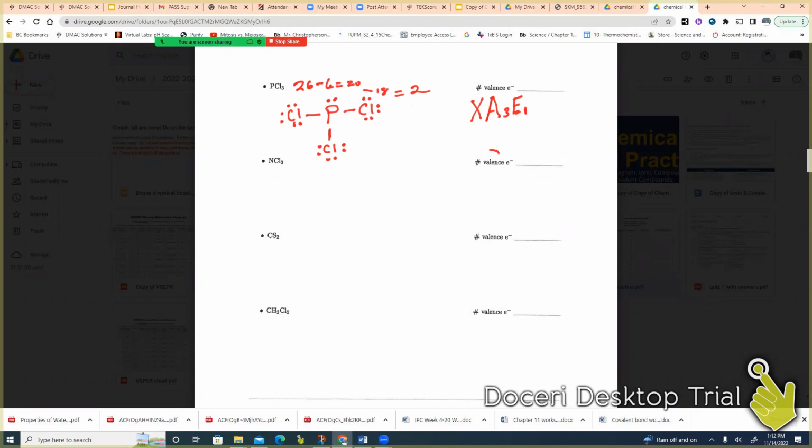So once again, I'm going to start with my domain. It still is going to be 4. 1, 2, 3, and then this lone pair will count as 1. So my domain is 4. So I am still in the same area as our other example. But now instead of AX4, we're looking for an AX3 and then 1 electron pair.